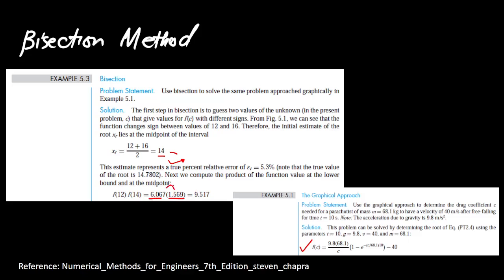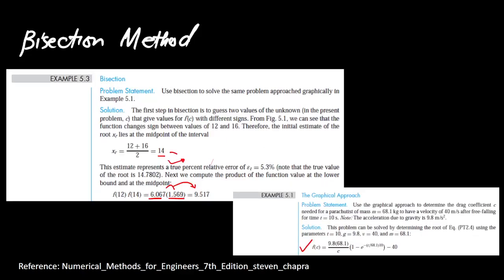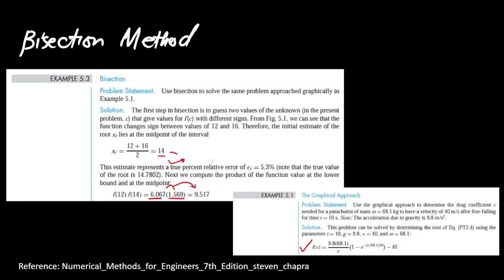When you multiply both, you get a product of 9.517. And where should that new calculated x be replacing? Looking at the situation here, it is greater than 0. So that is to replace your lower guess, right? So you have now your new lower guess.